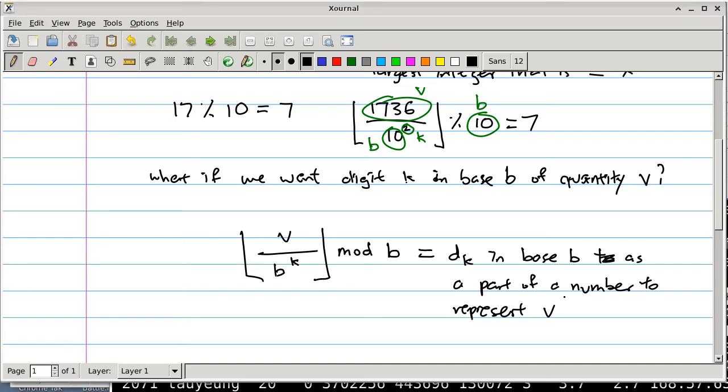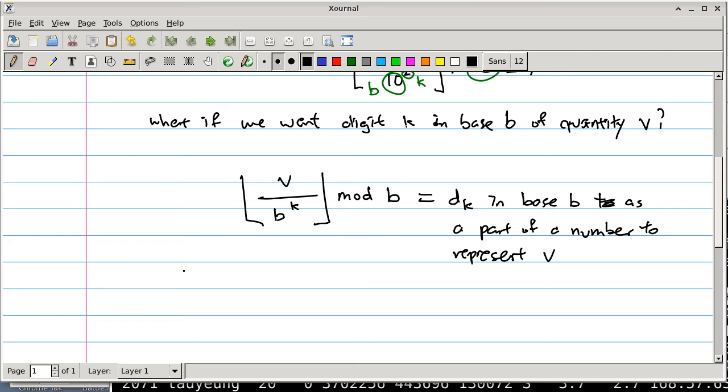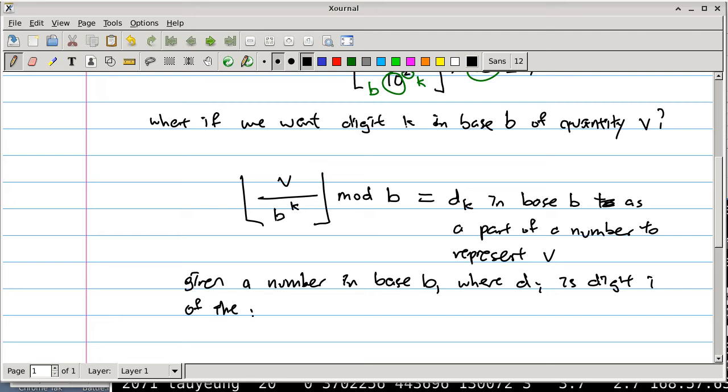I'm not sure whether I went through this with this class, but given a number in base b where di is digit i of the number. The value, you don't have to write this because it's all in the notes. This part is definitely in the notes. The value represented, I'm going to call this V, is the following.